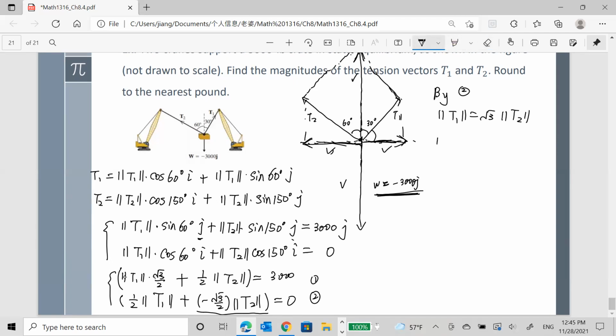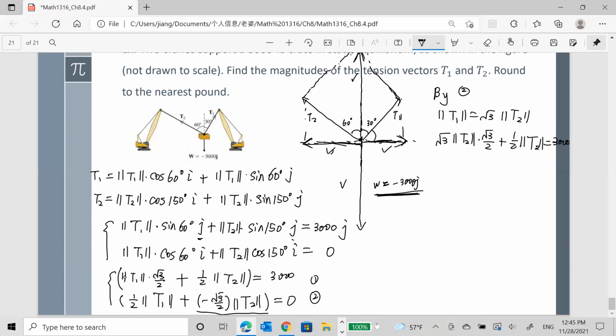So we replace the magnitude of T1 here. The square root of 3 magnitude of T2 times square root of 3 over 2 plus 1/2 times the magnitude of T2 equals 3,000.